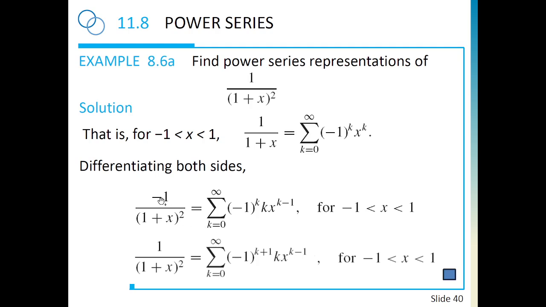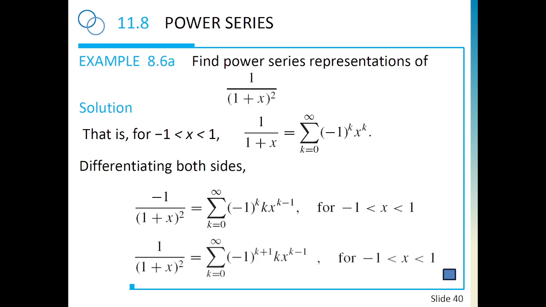So now I have -1 here, so I multiply both sides by -1, and I get on the left side what I need. If I multiply by -1, I'll have -1 to power k times -1, so -1 to power k plus 1. Not a big deal. So I have actually on the left side the function that they gave me, and on the right side I have a power series representation, and those two are equal for x's between -1 and 1.